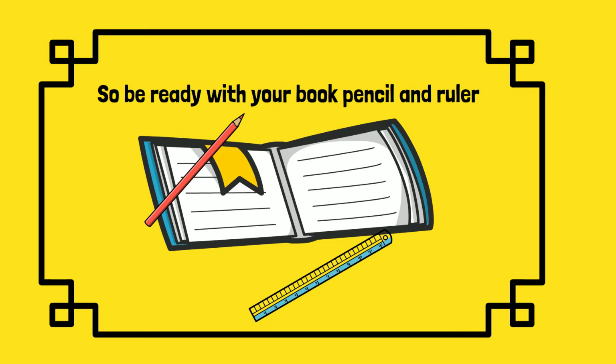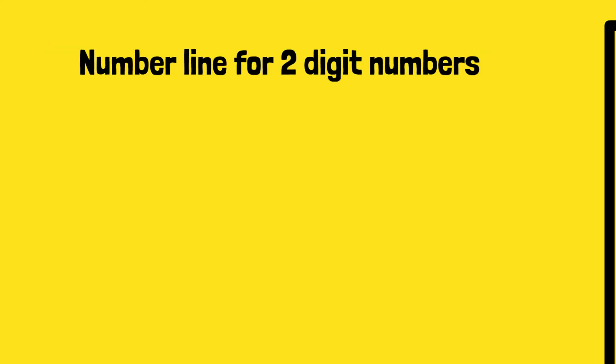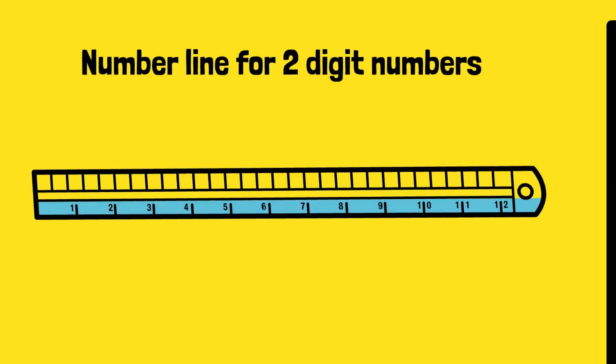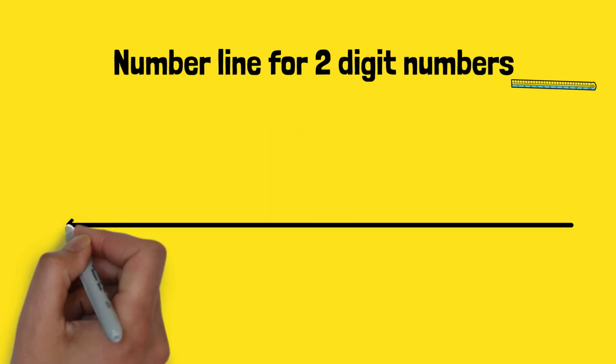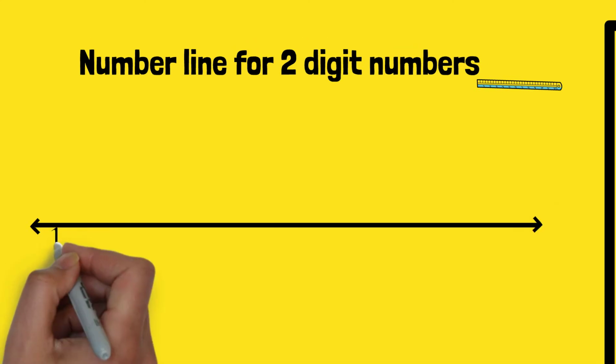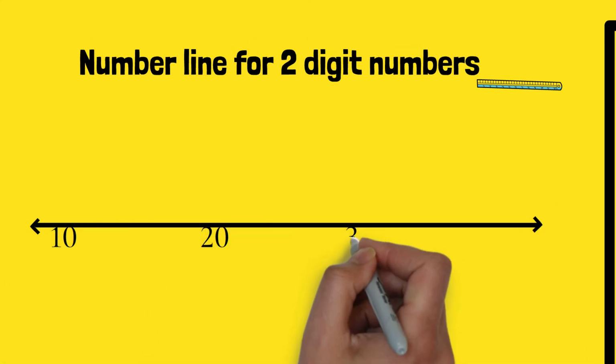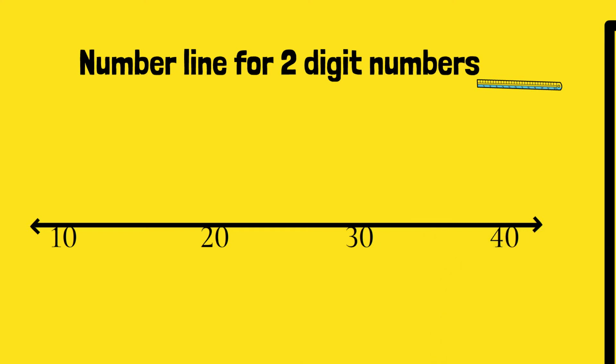Let's learn to draw a number line for 2-digit numbers. Draw a straight line using a ruler. Now write numbers 10, 20, 30 and 40 keeping equal distance.